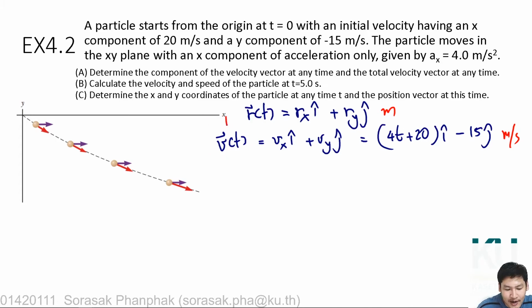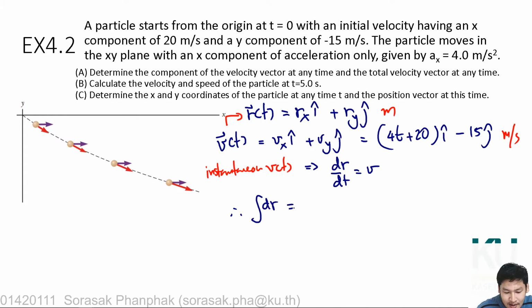If we would like to find r, how can we derive it? Yeah, you can use the relation of instantaneous velocity. The definition of instantaneous velocity v(t) comes from dr by dt equal to v. And from this case, you can do some integration: dr equals v dt.